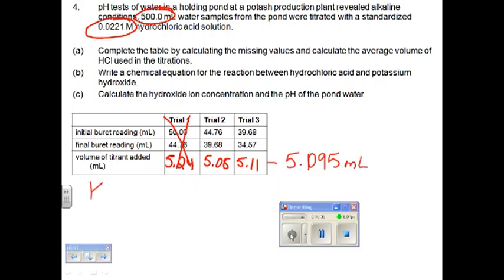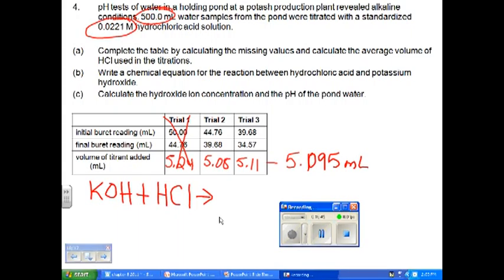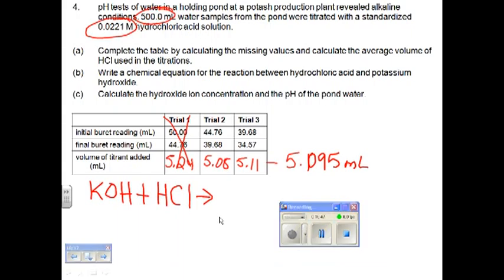So it's KOH plus HCl. Finding the average of these two, 5.095.